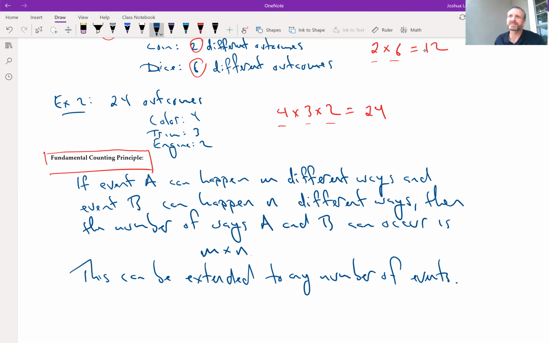Okay? And events, think outcomes. If A has M different outcomes, if you want to think of it that way. So you just multiply. How convenient.